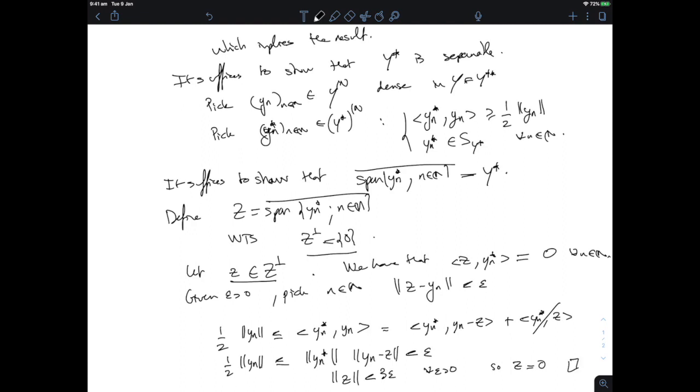And that concludes the proof, because under the assumption that y star was separable, we were able to extract a weakly converging subsequence from our original bounded sequence. And in passing, we've proven that the dual of a reflexive separable Banach space is also reflexive and separable. And that concludes the proof of this proposition.